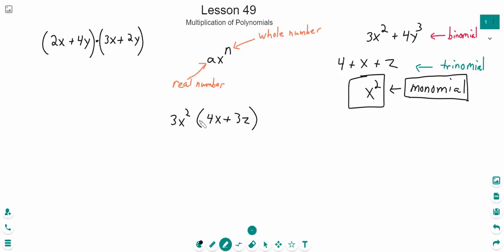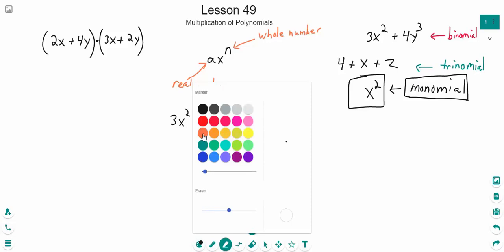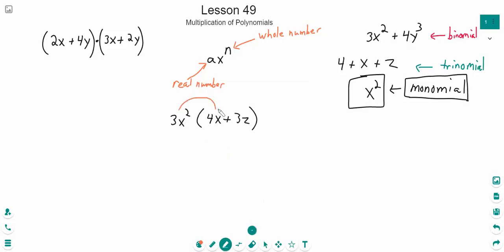Remember, this is where we would use the distributive property, where we would have to take that first term and multiply it by the first term inside the parentheses, get the answer to that, and then add that to the first term being multiplied by the second term inside the parentheses. That's the definition of the distributive property, right? Take this one and multiply it by everything on the inside and add it all together. Well, the same thing kind of applies when we have a binomial being multiplied by another binomial.